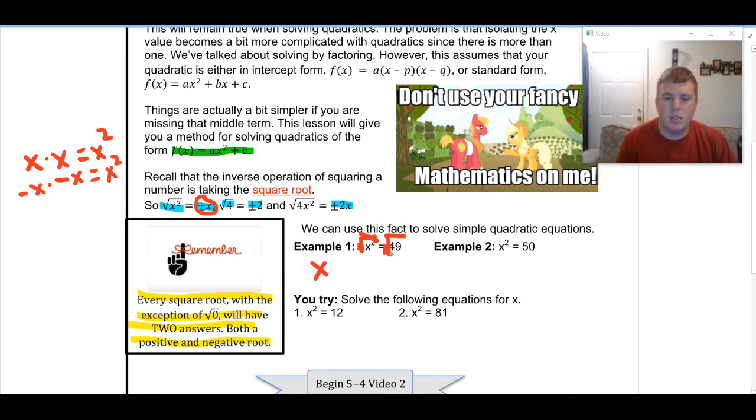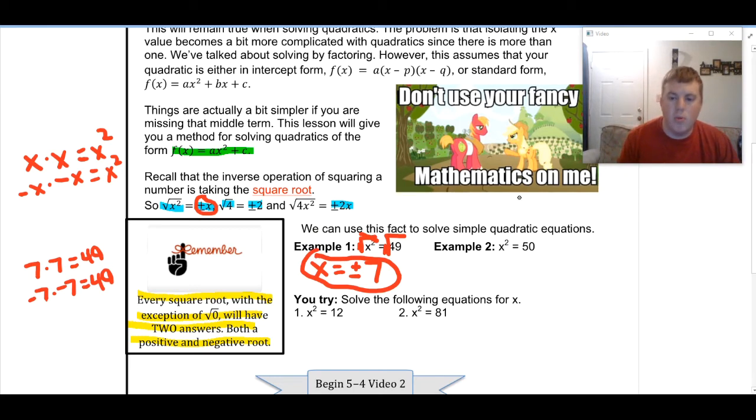And then I'm going to take the square root on the other side, and that's going to give me plus or minus 7. I put that plus or minus 7 there because I could do 7 times 7 and get 49, or I could do negative 7 times negative 7 equals 49. So that gives us our two answers to this problem, or our two solutions, or our two roots, whatever you are using as your terminology.